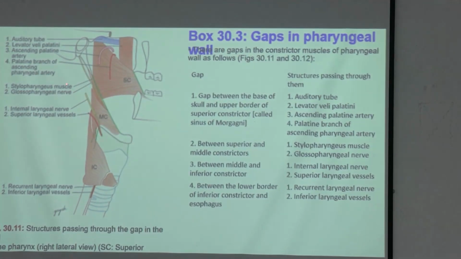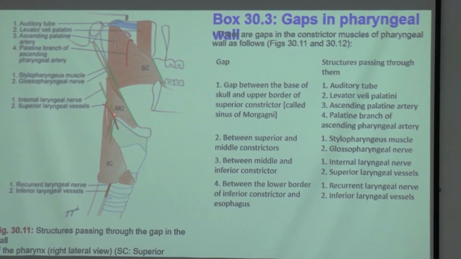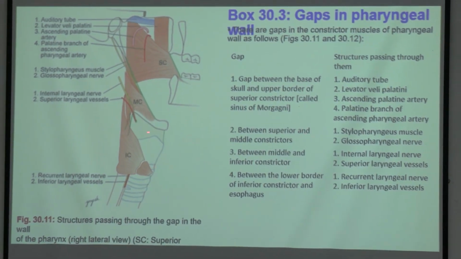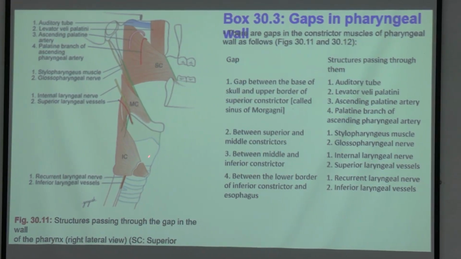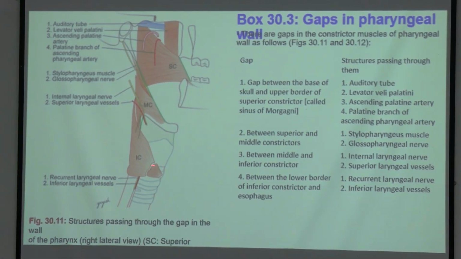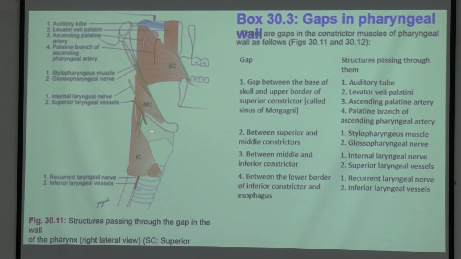superior and middle. And we can find this is the hyoid bone and this is the thyroid cartilage. In between what we can get? The thyroid membrane we have seen in the cadaver. What nerve is entering? Internal laryngeal.